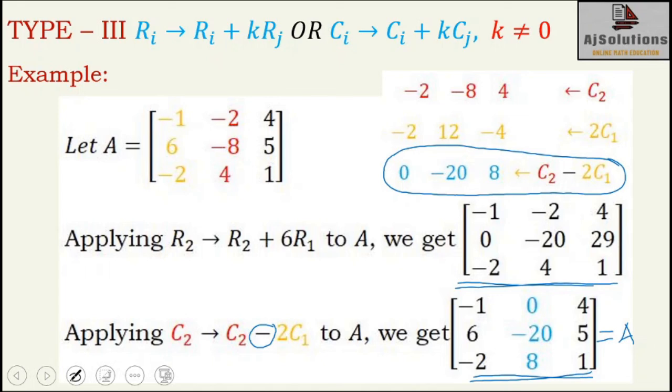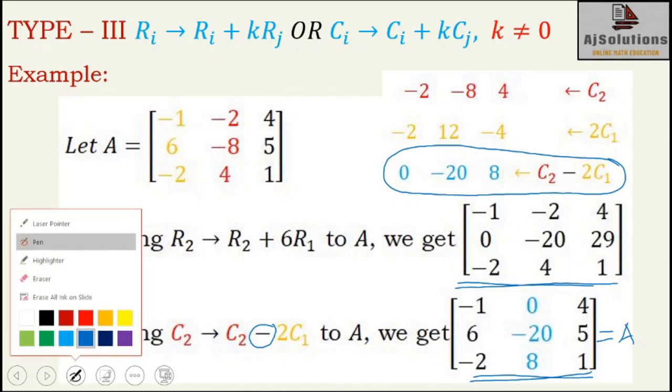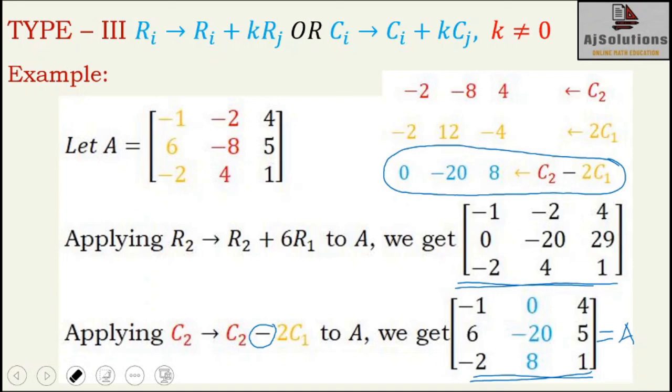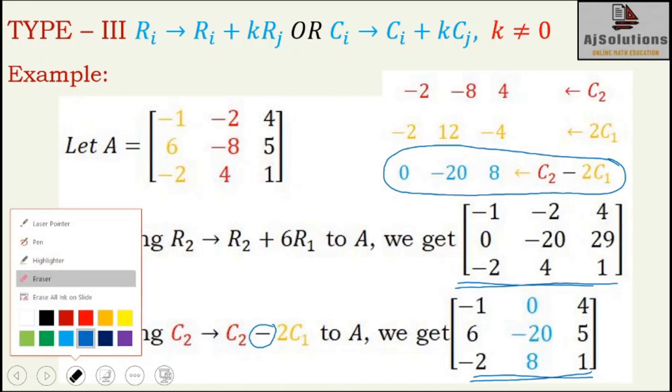The matrix obtained after applying elementary transformation is some new matrix. That is not matrix A. So we should never write the new matrix obtained as A. This is not true. The matrix obtained after all the transformations are new matrix. That is not matrix A. So we can never write that new matrix as equals to A. Okay. This is very important thing over here.